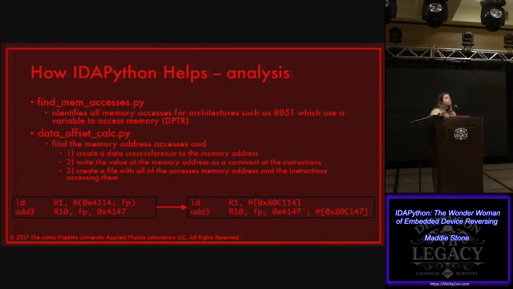Then it does the calculation of the actual memory address, adding the value of the frame pointer to the offset. Then it replaces the operand in that instruction so you can see very clearly what memory address you're actually working with. By using that exact syntax, it makes it clickable, and then it creates the data references back and forth.